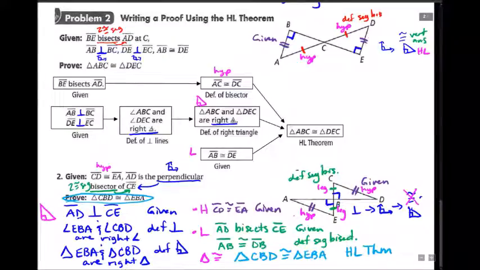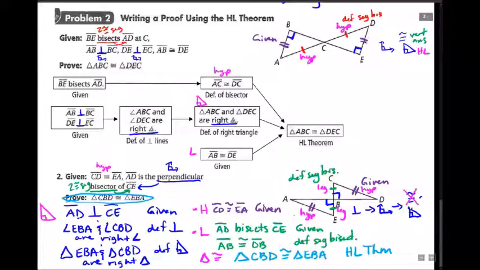Now I was told that segment AD is perpendicular to segment CE, right? That was the first half of this here. That's given to me. So I can make these two angles in the middle here right angles, right? I have to turn them into right angles here. And that's by definition of perpendicular. And then once I have right angles, I can turn them into right triangles. These two triangles are right triangles, and that's by definition of right triangle.